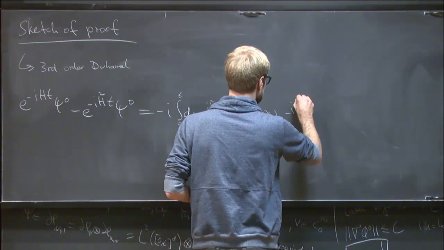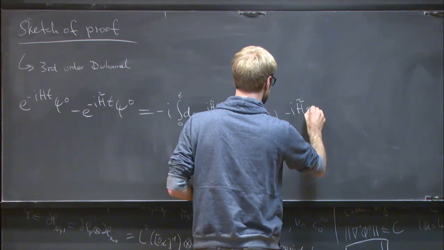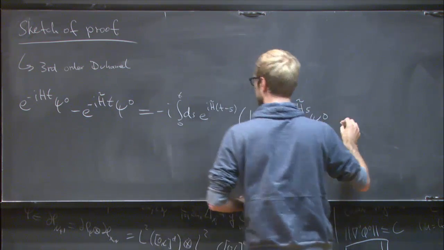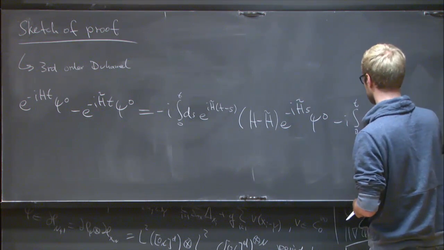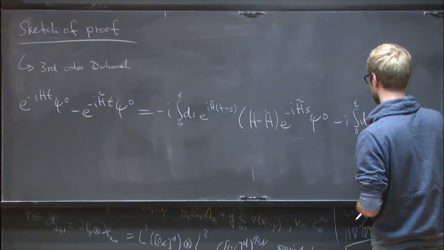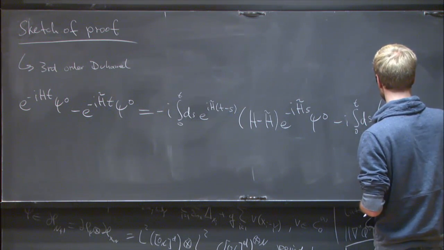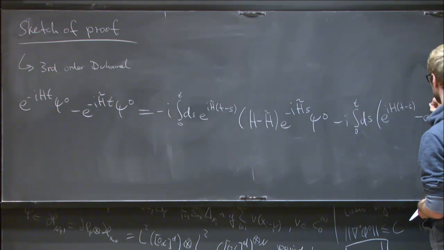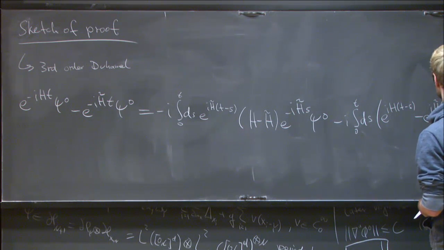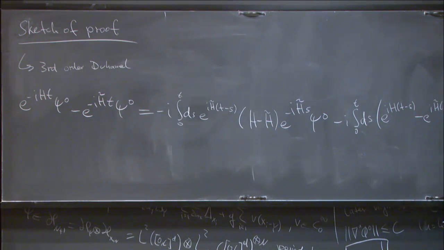So here, let me also write H tilde here and put all the rest in an extra term. So here I have e to the i H (t minus s) minus e to the i H tilde (t minus s), times (H minus H tilde), times e to the minus i H tilde s psi 0.